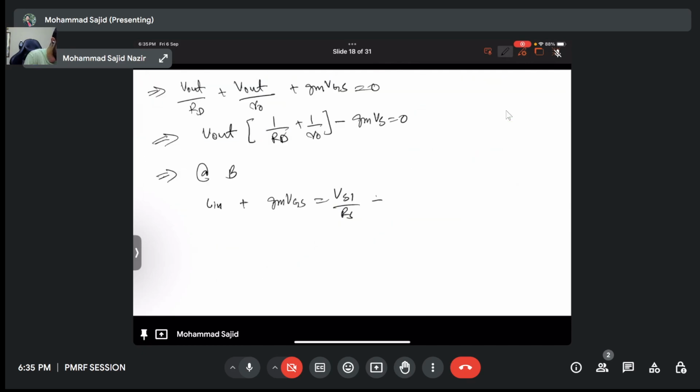So we will have this as KCL. So I in comes out to be minus GMVS, so it will go here as a positive. So it will be GM plus 1 by RS plus 1 by R0 times Vs. Okay, so this is I in.